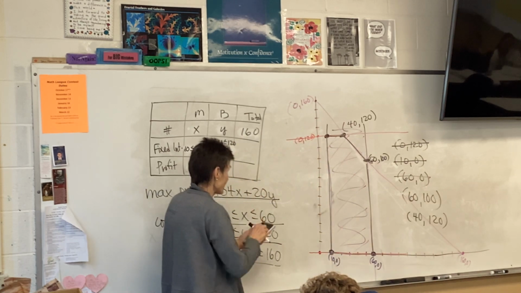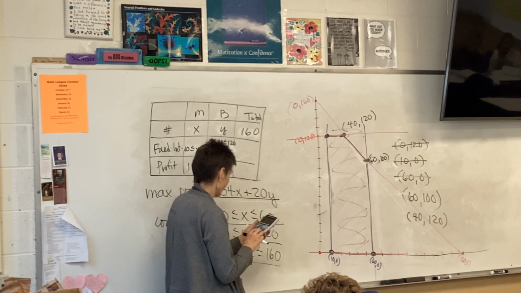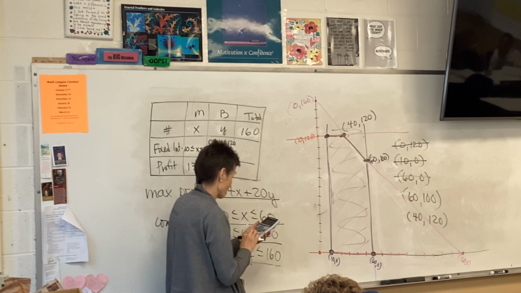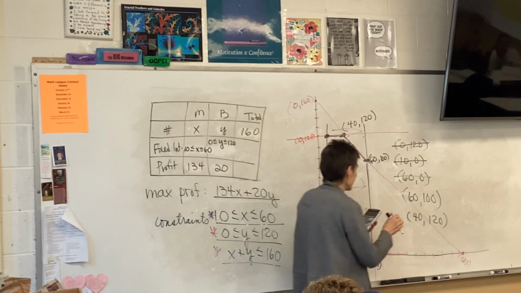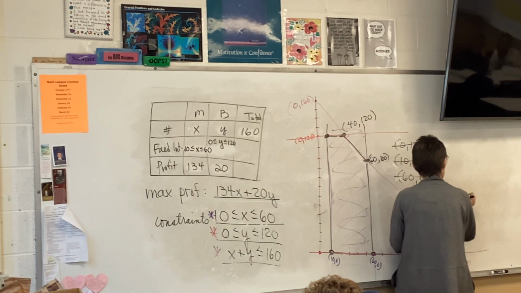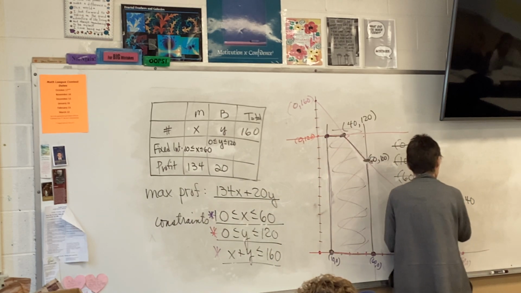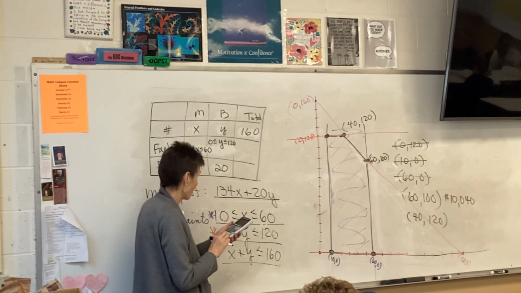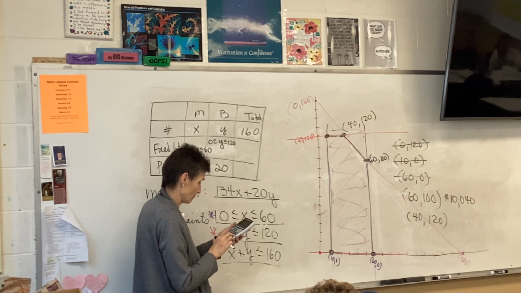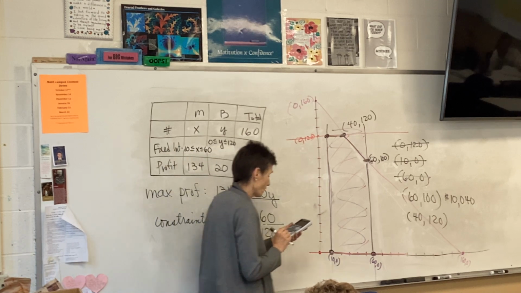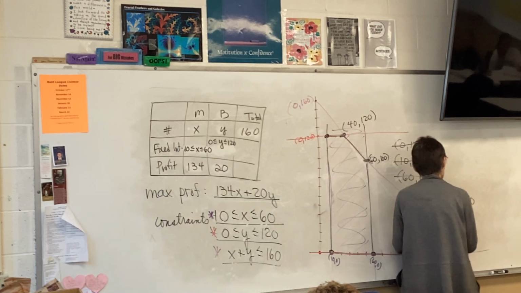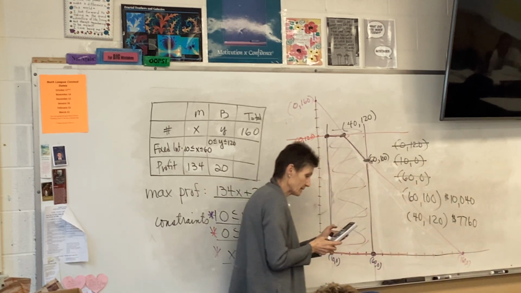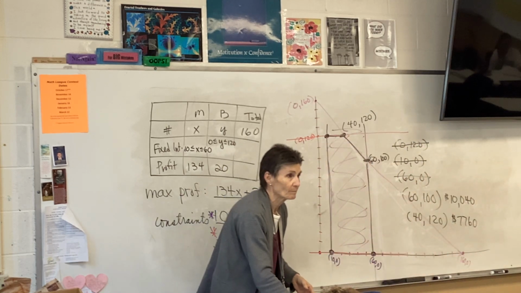So 60 X's. I got $10,040 for this one, if I typed it in right. And I got $7,760 for that one, if I typed it correctly. Anybody match those numbers?